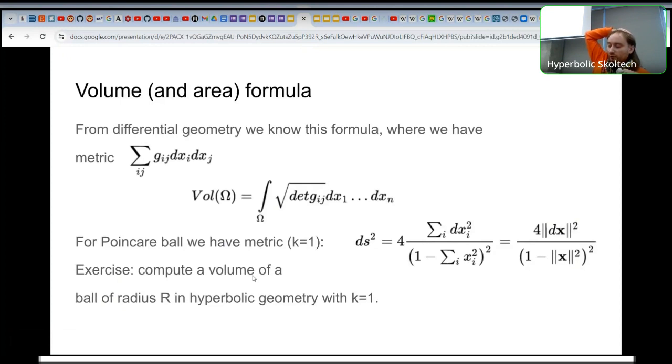and that's not very trivial, actually, since you don't have your usual Euclidean intuition for volumes of a ball. You just have to somehow integrate this function in this metric.